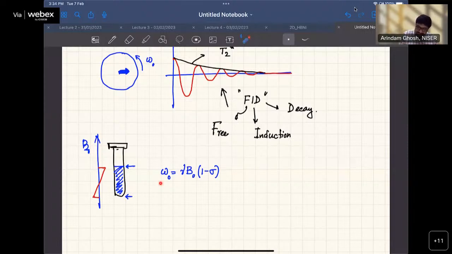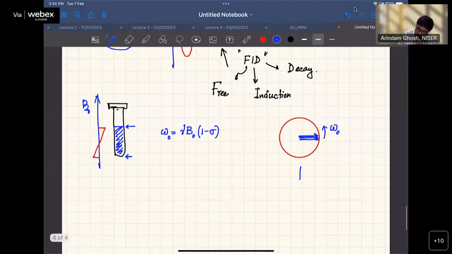If they have slightly different B0, they have a slightly different omega 0, correct? So even if I start with all these spins bunched up like this, with absolutely zero dephasing, we have created a beautiful coherence, all bunched up along x. But then as they move, omega 0 is different for each.